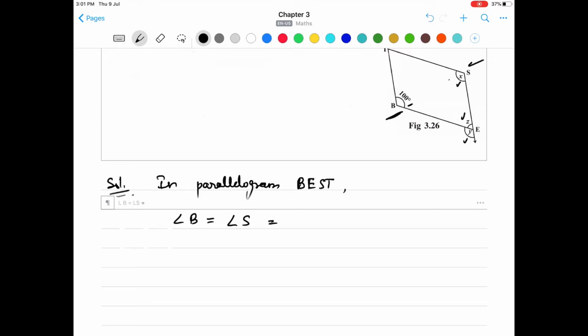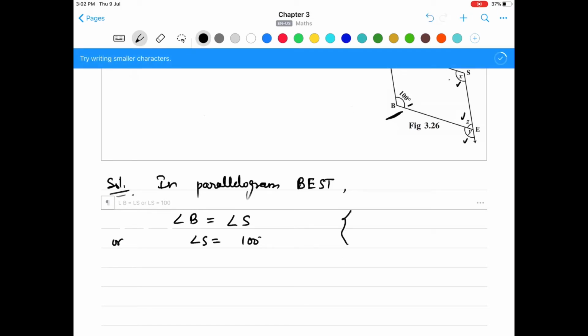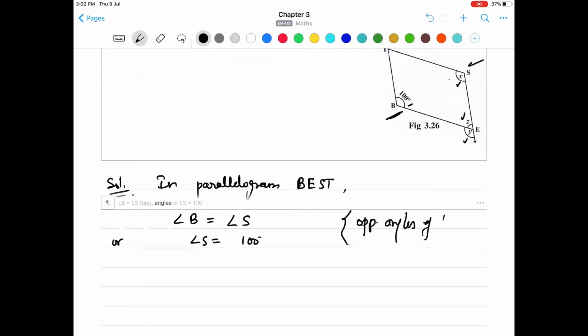And as we know, angle B is equal to angle S, therefore angle S will be equal to 100 degrees. The reason for this one is: opposite angles of a parallelogram are equal.